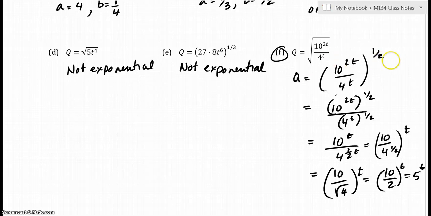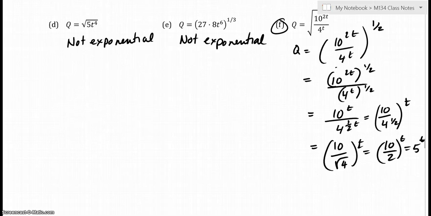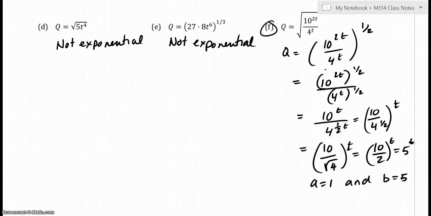Did the same thing, very tough, raised it to the 1/2, distribute the 1/2, just like we did above, but now I have a t in both, so I went backwards and raised it all to the t, because that would be the same as that. And I just simplified the inside. 4 to the 1/2 is the square root of 4, just like above, 2, so it's 5. So it turns out that the a is 1 and the b is 5.